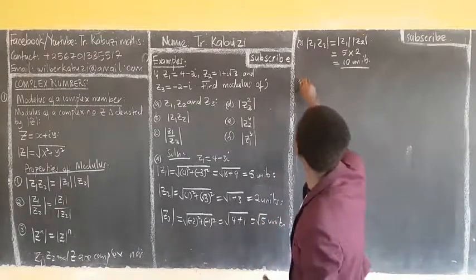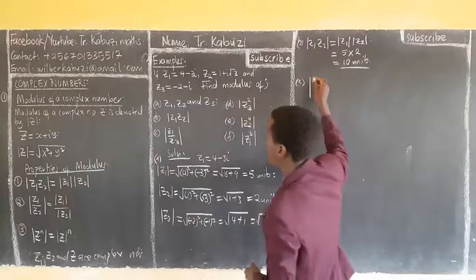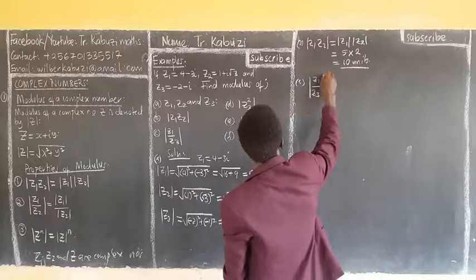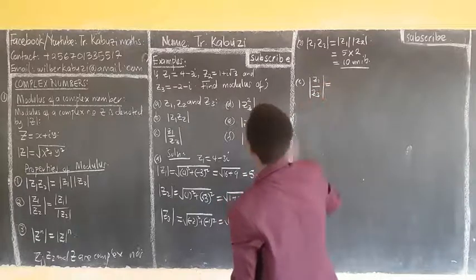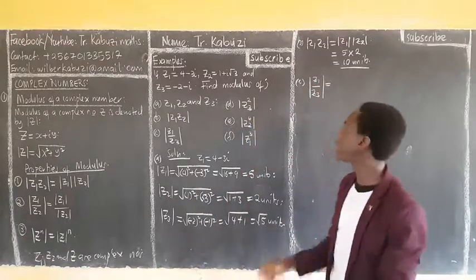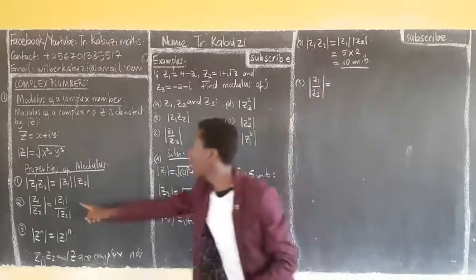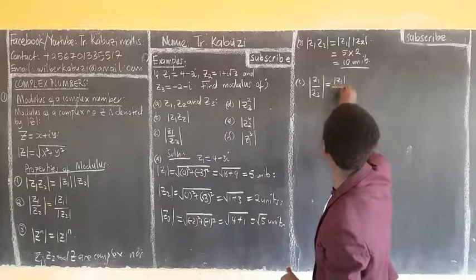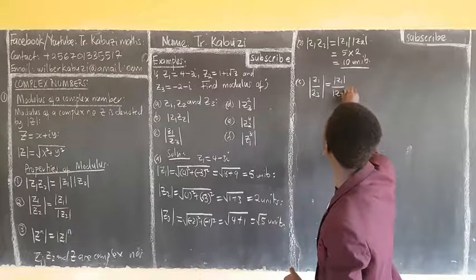Then part C, they are telling us z1 over z3. Still here we apply the properties. Some people will go on to rationalize that one, you're wasting time. You use properties of modulus, and you separate the modulus of the two of them.